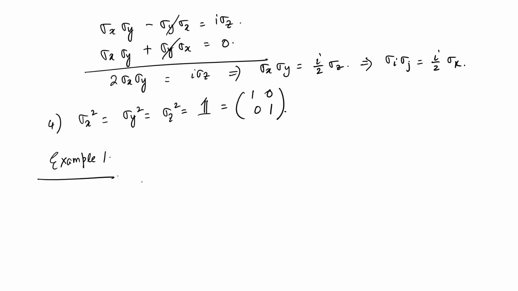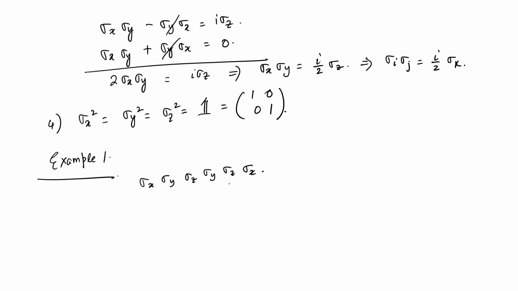Let us say you are given to simplify sigma x, sigma y, sigma z, sigma y, sigma z, sigma x. What is the product of all these matrices? One way, of course, is to simply multiply them, write 2 by 2 matrices and keep multiplying, but that is not the point.